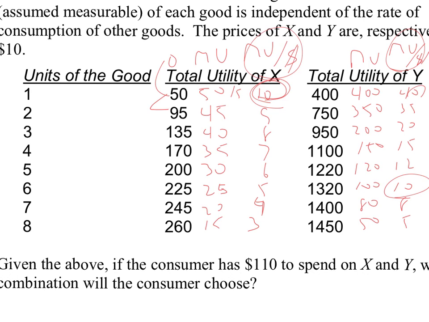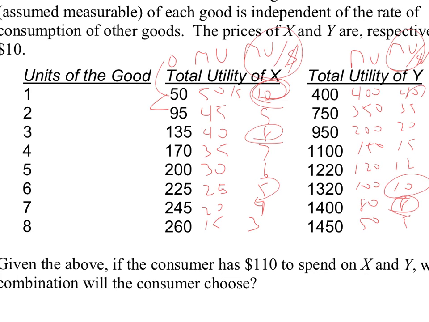We keep looking. Here we have a match at 8 and 8. That is 3 units of good X, which would be $15, and 7 units of good Y, which would be $70. We're still not at our point of optimization.